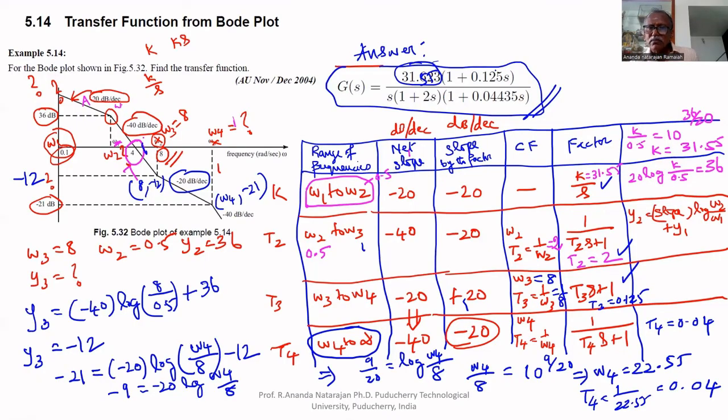Here T2 is 2, T3 is 0.125. That's why we got the numerator factors. T4 is 0.044 and S in the denominator. Yes, we got all factors. This way we can find the transfer function. So we have to reverse the table. That's all.